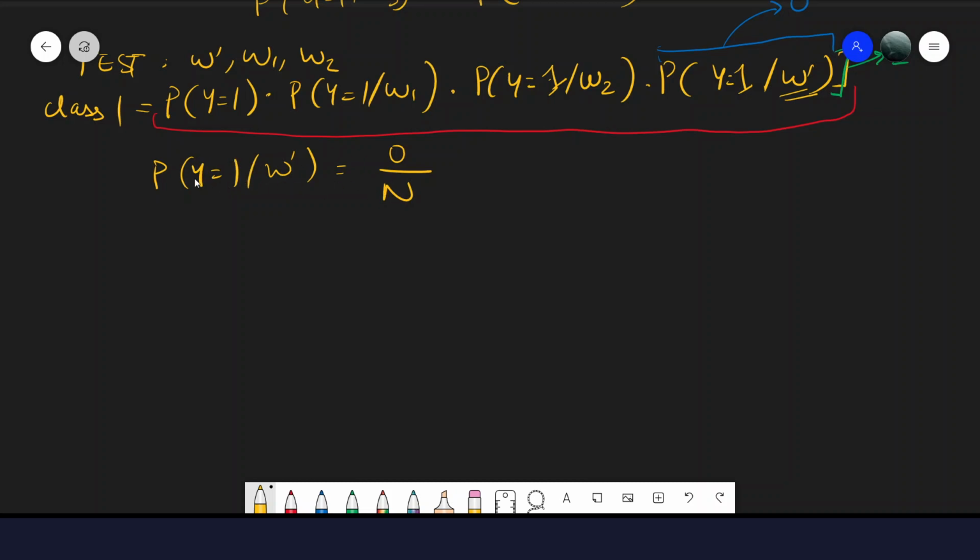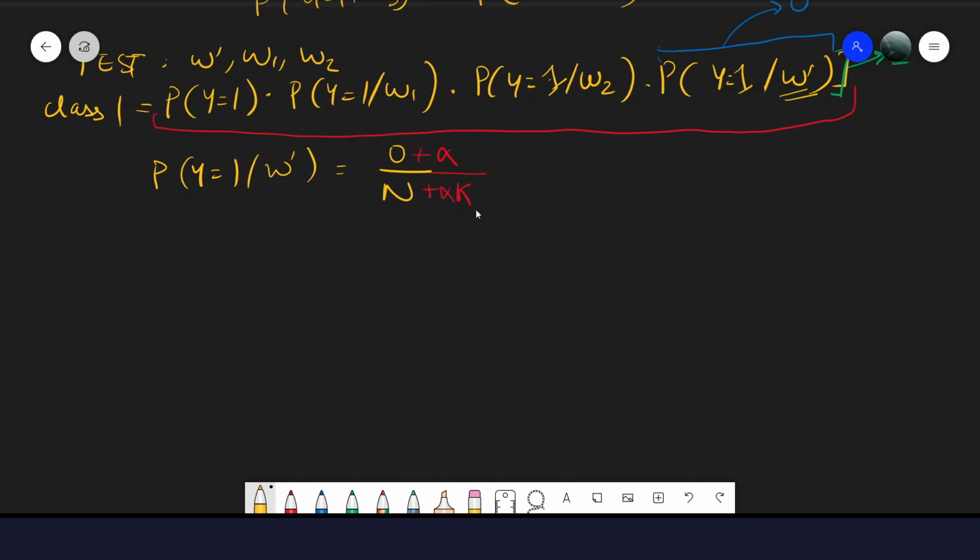So this is 0 upon n. What you do over here is you add something called alpha to the numerator, and you add alpha k in the denominator. Okay.